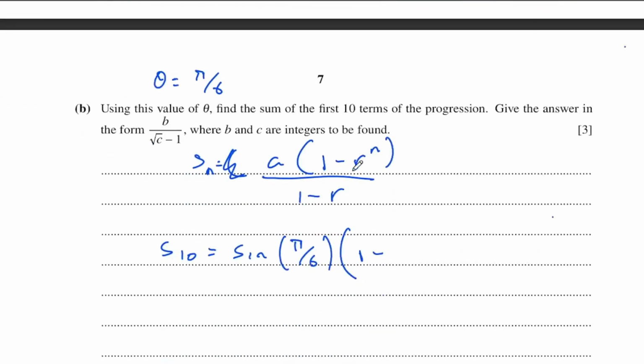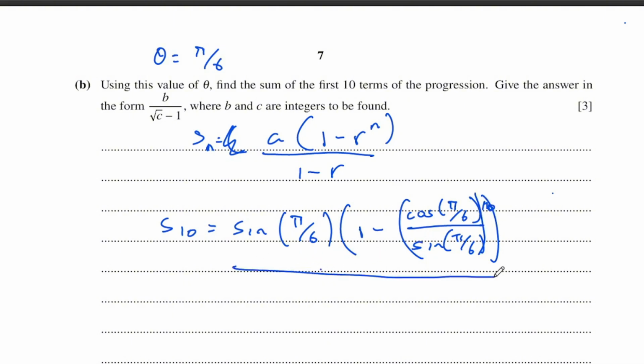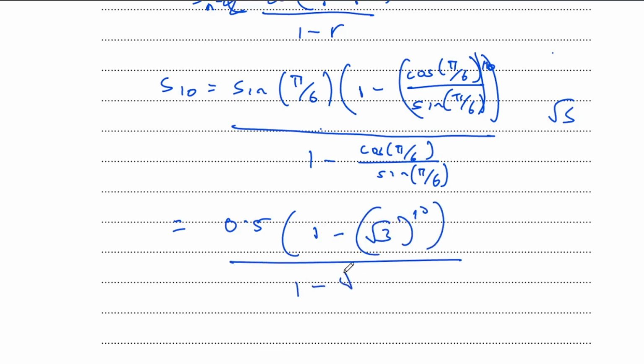So cos pi over 6 over sine pi over 6, this thing alone power n, which is power 10, and then this entire thing over 1 minus cos pi over 6 over sine pi over 6. Okay, and sine pi over 6 is just 0.5. This thing right here, cos pi over 6 over sine pi over 6, is root 3. So 1 minus root 3 power 10 over 1 minus root 3.